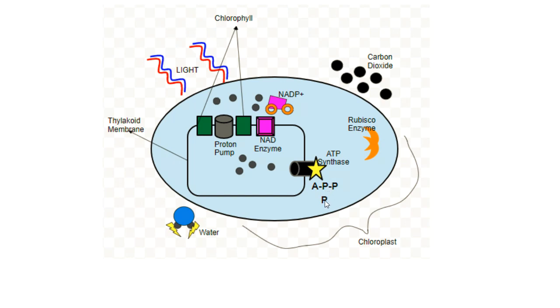We have ADP, a free phosphate, Rubisco enzyme in the stroma, which is the outside of the thylakoid. We have carbon dioxide. So from these components, we're going to end up showing how we can take energy from light and turn it into energy in the bonds of carbohydrates like glucose.